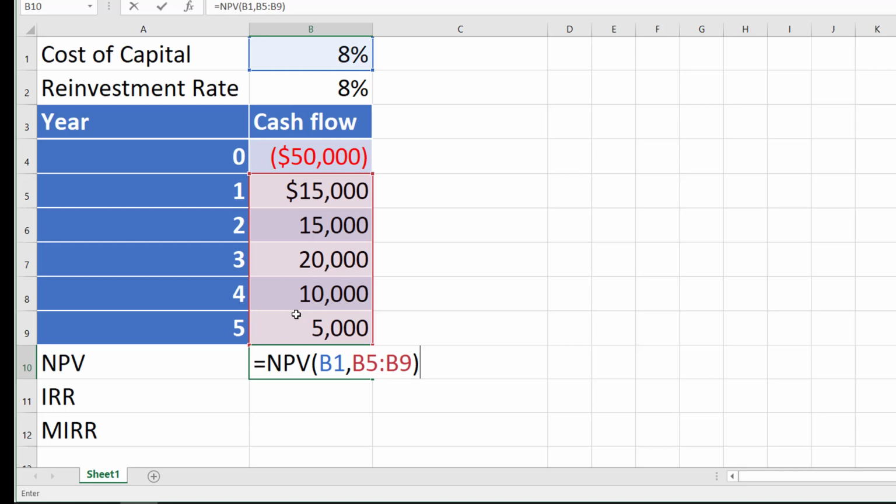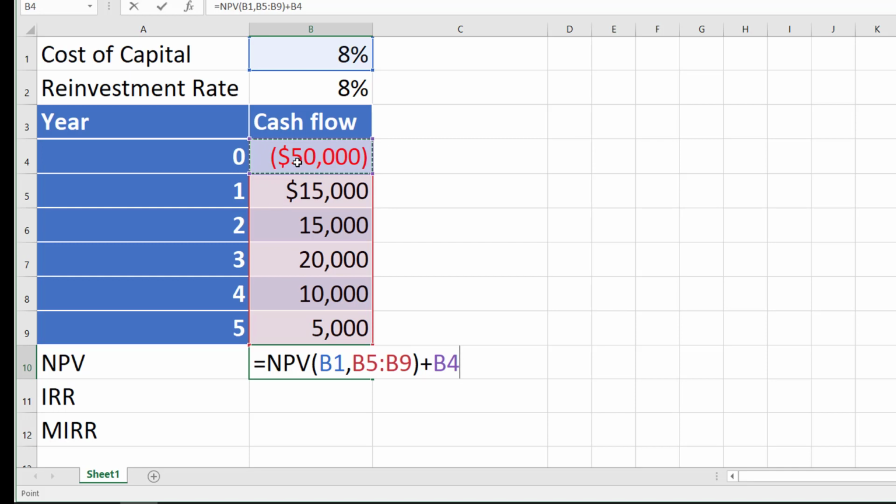So NPV with the rate and all the numbers that you want to discount gives us the present value of all the future cash flows, right? But the NPV for the project is the present value of all the cash flows. So to get that, all you have to do is add the initial cash flow to the present value of future cash flows.